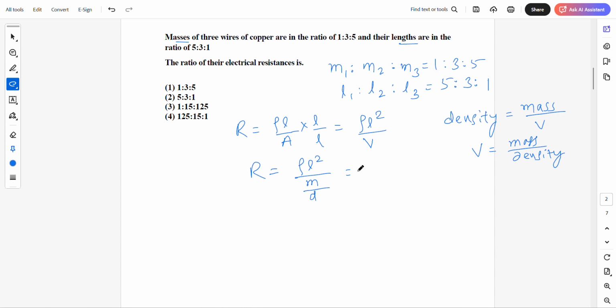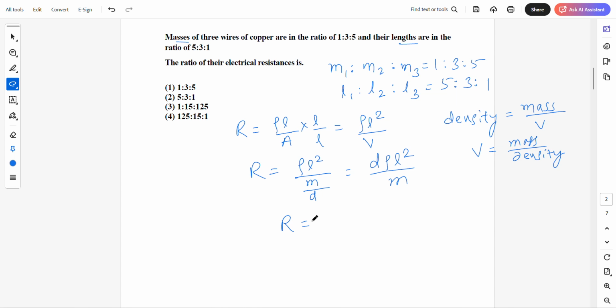So this goes to the numerator: D rho L square by M. All other things are constant except L and M. D is constant, density is constant, rho is constant, that is, specific resistance of the material is constant.